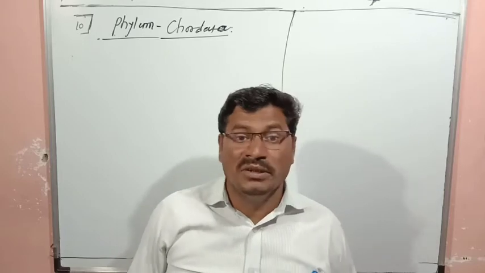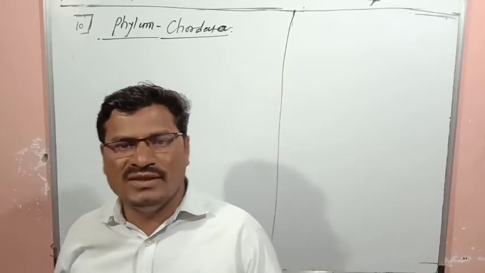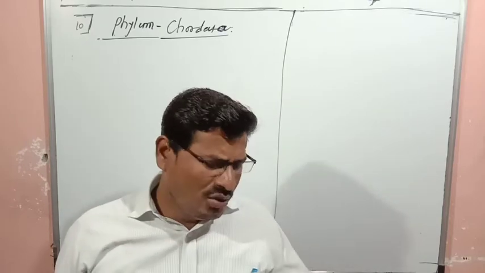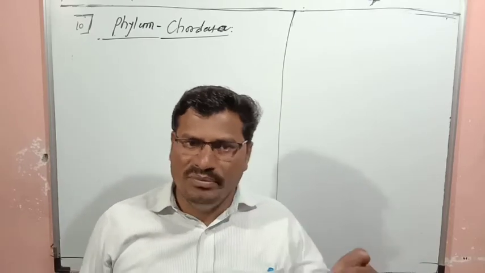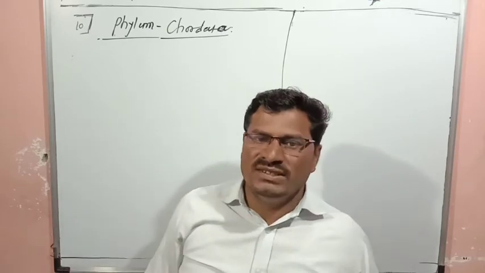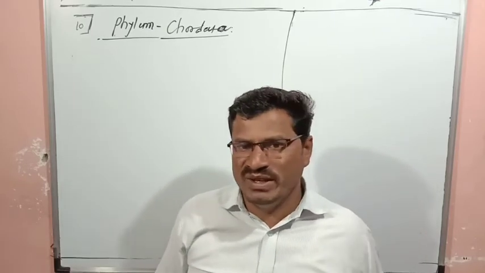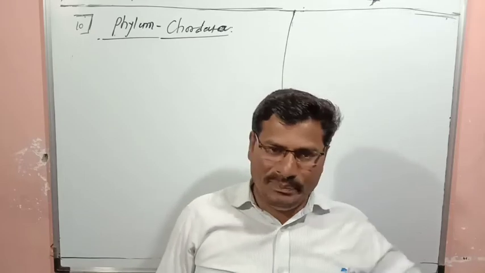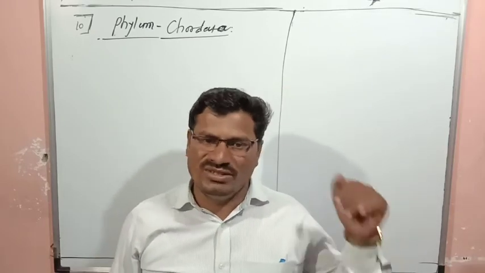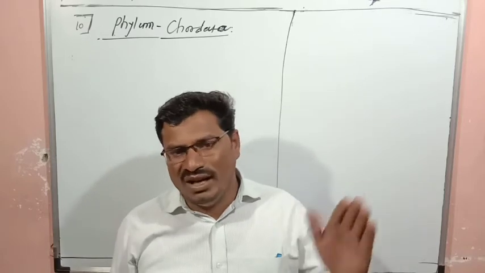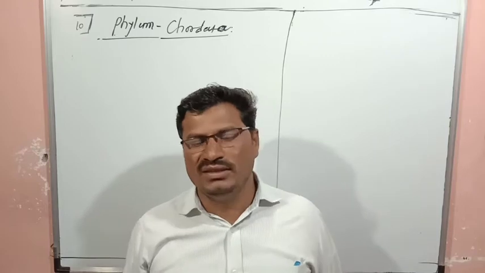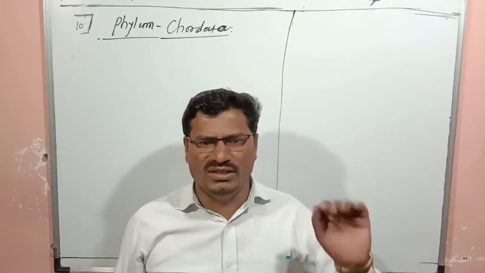Second, pharyngeal gill slits are present at least at some developmental stage. Third, a single tubular spinal cord is present on the dorsal side, the upper side. Fourth, the heart is present on the ventral side, the downside.